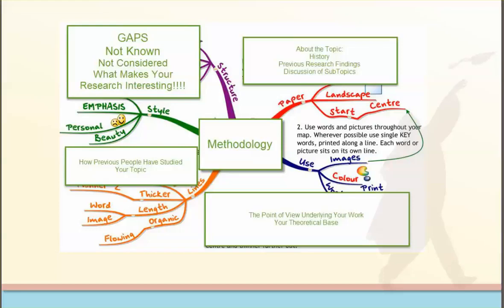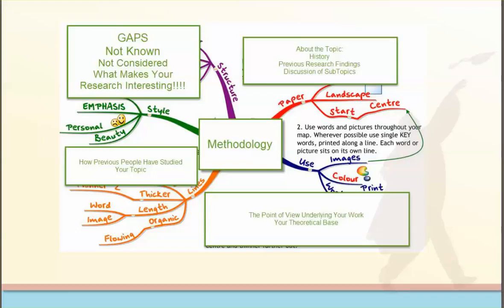You could be separating it into all about your topic, its history, the previous research findings, and then the discussion of the subtopics which lead us to understand your particular study. We also, as examiners, need to understand the point of view underlying your work.